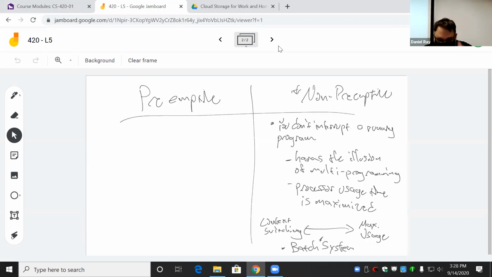All right, so the other type is preemptive scheduling. And it probably doesn't surprise you to know that preemptive scheduling is a kind of scheduling that can interrupt the running process.